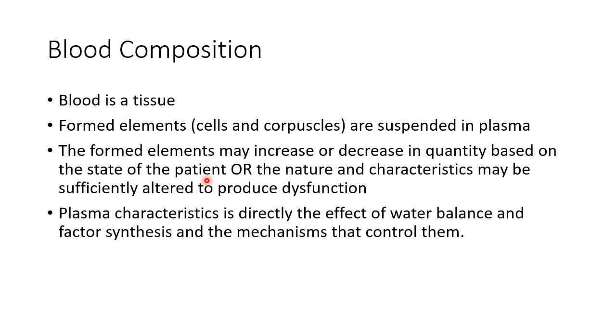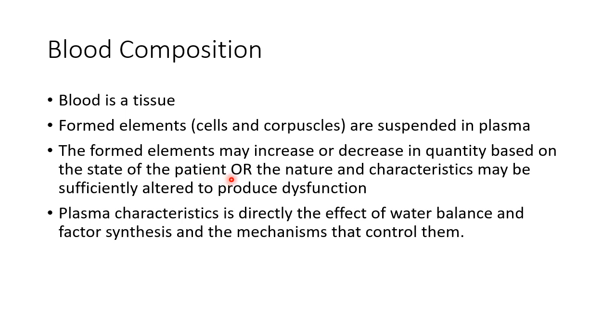Another example, an increase in the number of white blood cells in the blood happens as a result of severe infection. And that is a way of increasing the cells that actually fight off the infection.